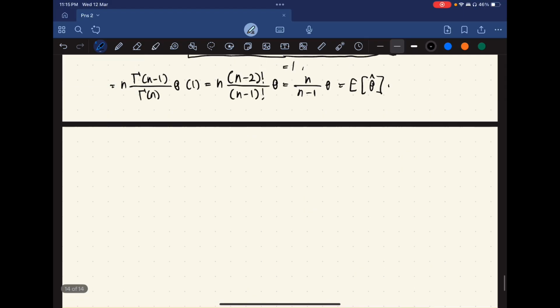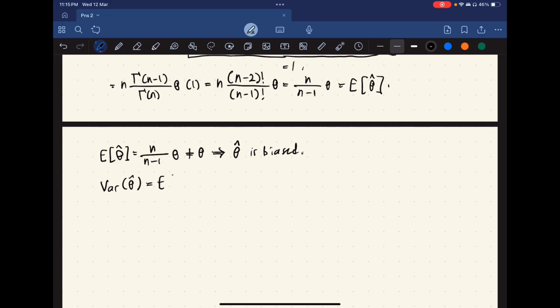Some observations about this expectation here. We can see that this is not theta itself, so we can say that theta hat is biased. For the variance, I will just state it here, but it can be computed using this formula.